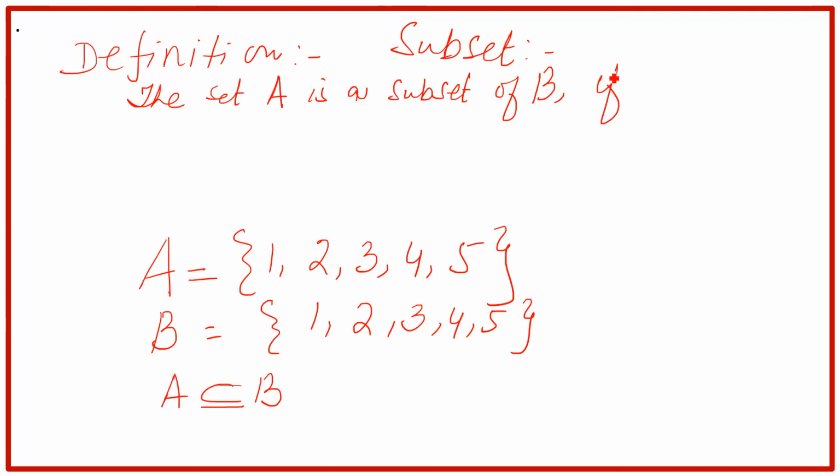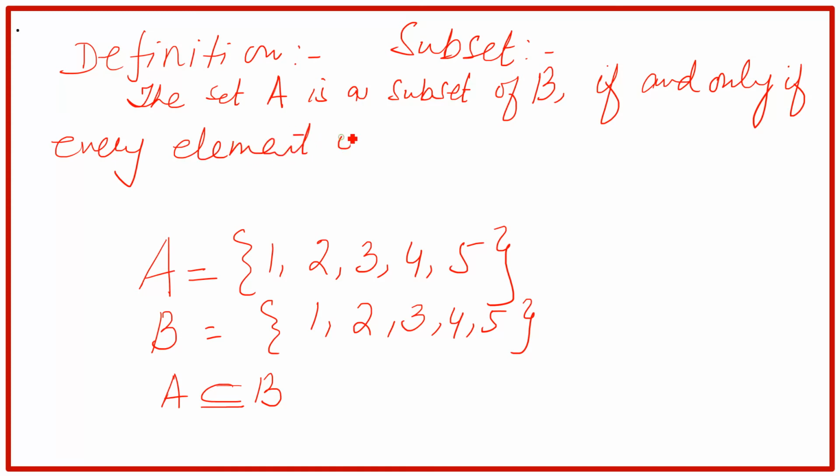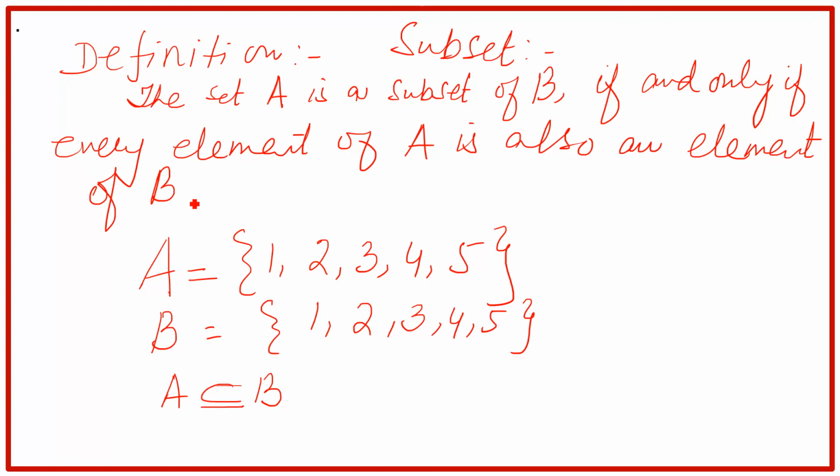If and only if every element of A is also an element of B. And how we will write down then?